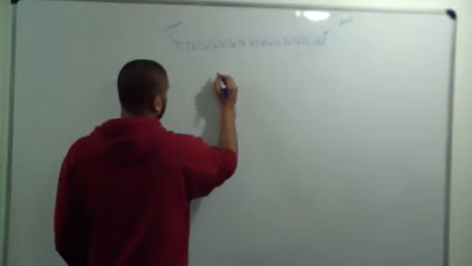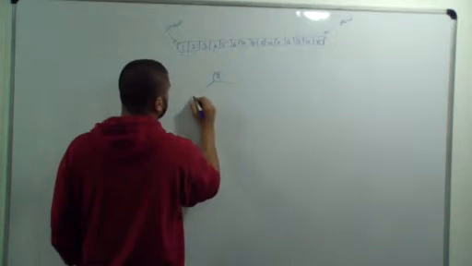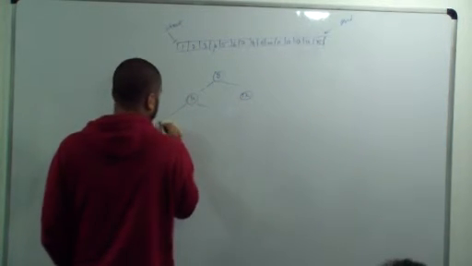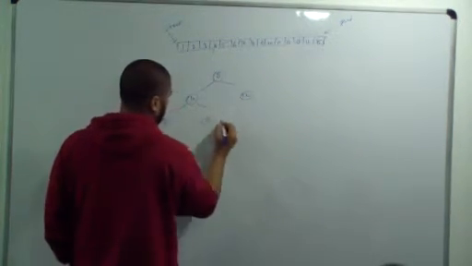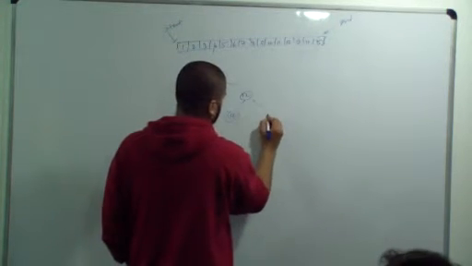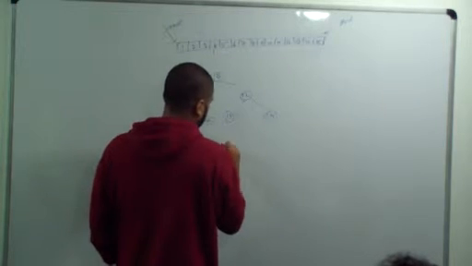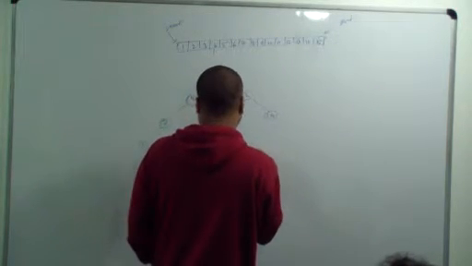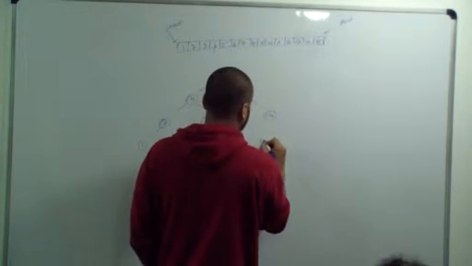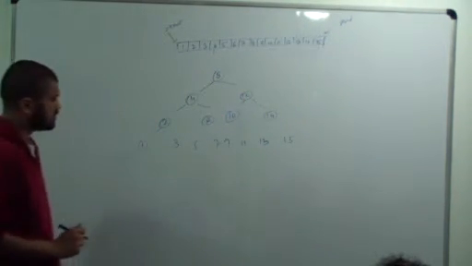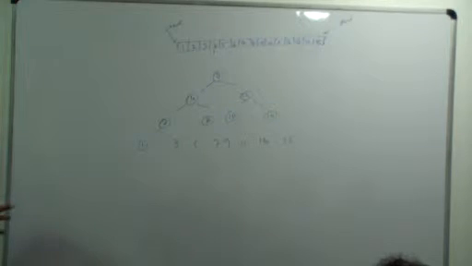Let's say you're given a binary search tree. What is the maximum value of this tree? Five.